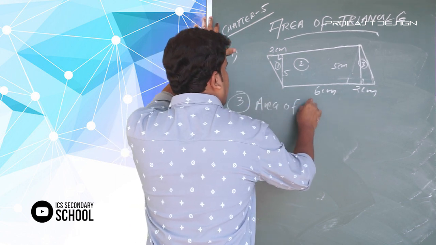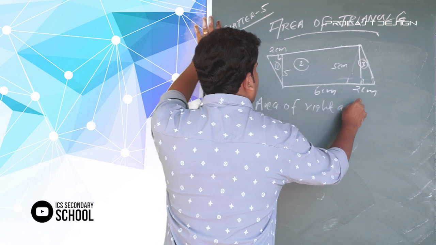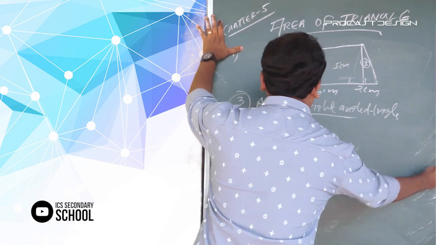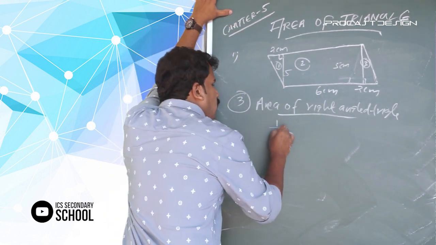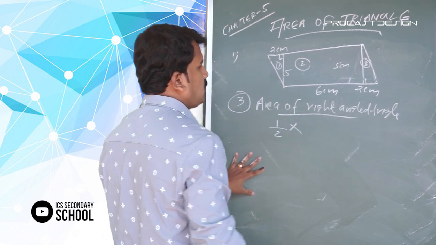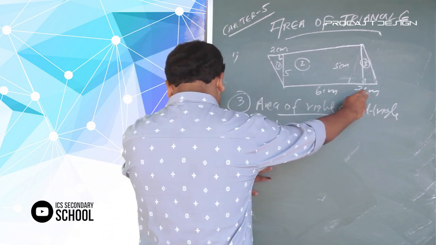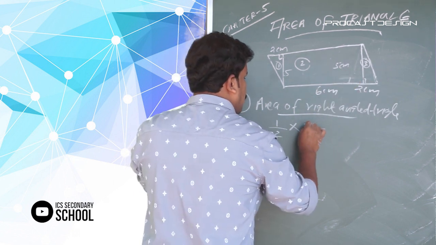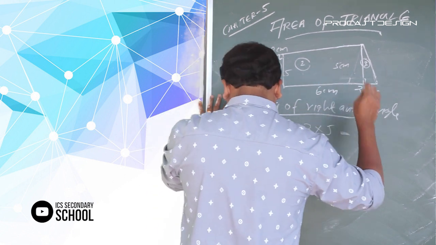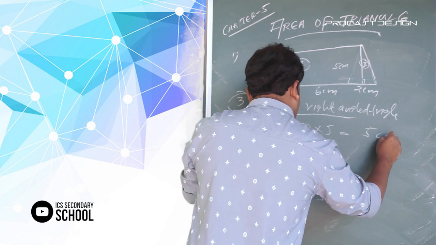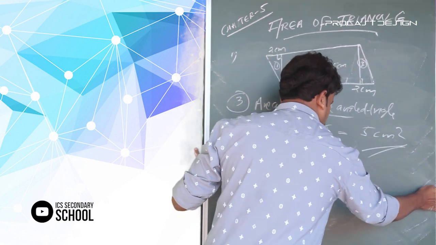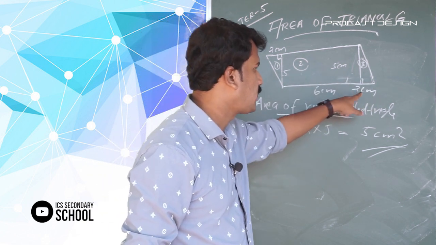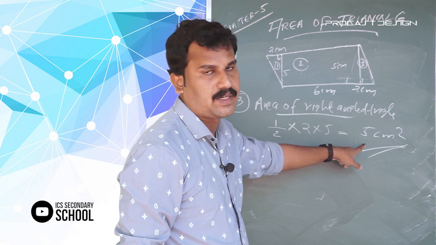The area of the right angle triangle is half into the product of the perpendicular sides, that is half into 2 into 5, 2 one side, then the next side of the third right angle triangle is 5 centimeter, half into 2 into 5, that is equal to 10 by 2, which means 5 centimeter square. So the area of the third right angle triangle, half into the product of the sides, half into 2 into 5, is also 5 centimeter square.